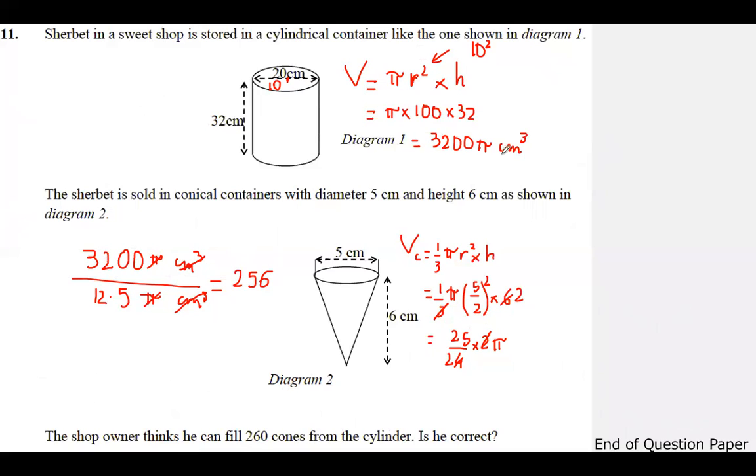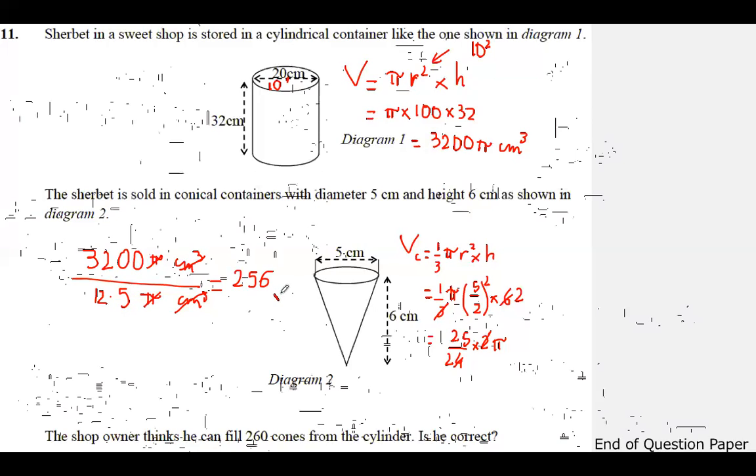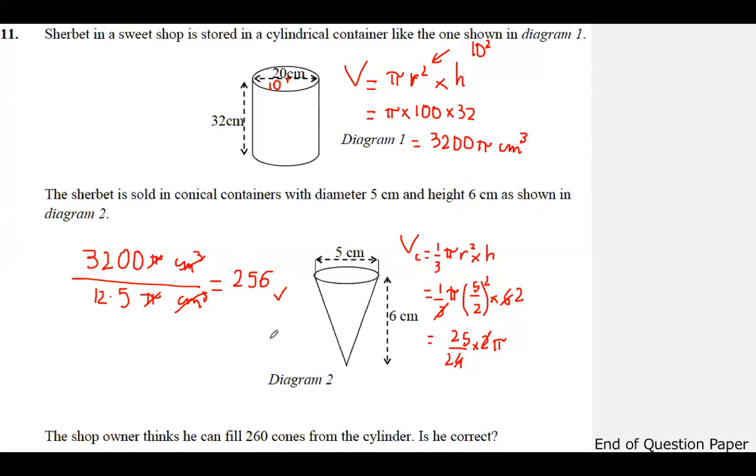Whereas, because I knew I was going to divide pis by pis, my pis are just going to cancel each other, and I get very easy things to type in my calculator. But you did get it at the end. It's just that I got it by maybe having less chance to make a mistake, if you see what I mean.